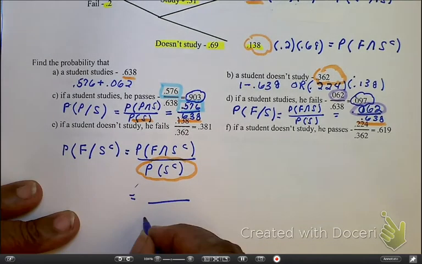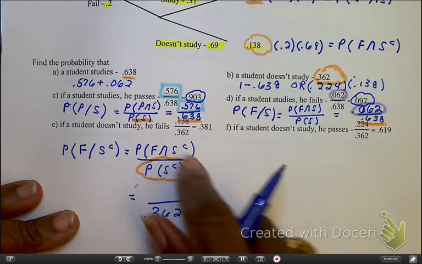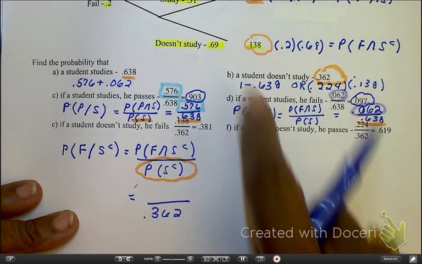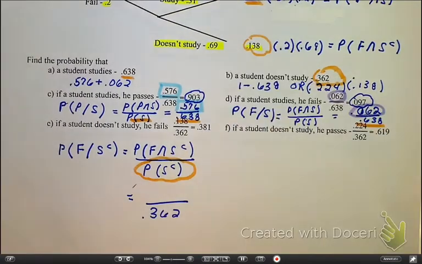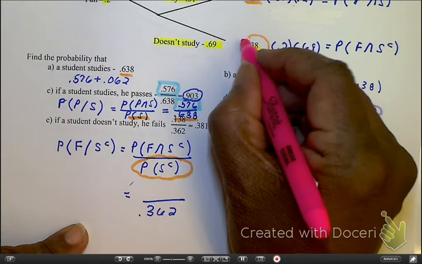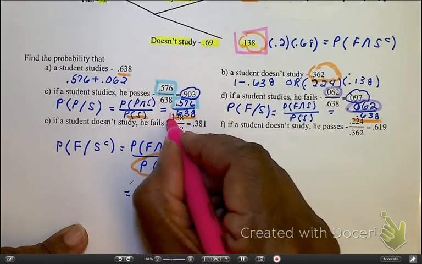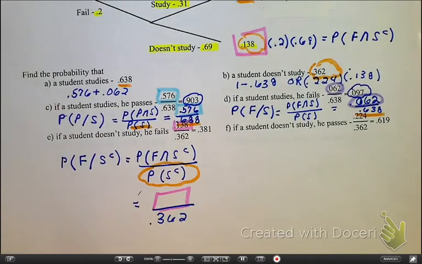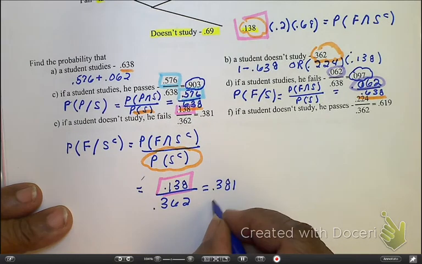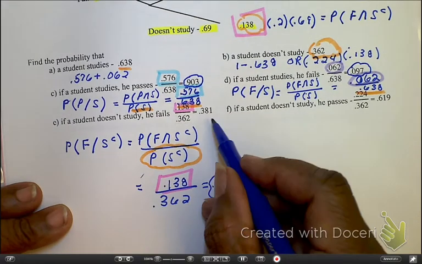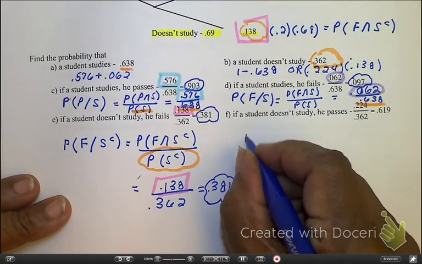And the probability of both of them happening at the same time, fail and not study, is right there in my pink. To give myself my final answer of the 0.381.